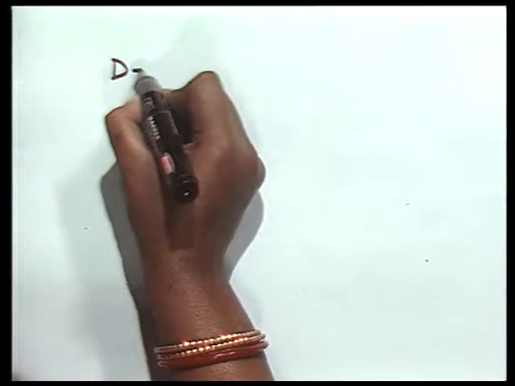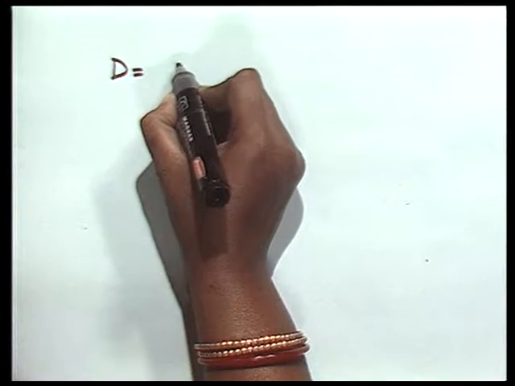Now, this is again a quadratic equation in x. So, let us find out the discriminant for this. Here d will be equal to b square minus 4ac.